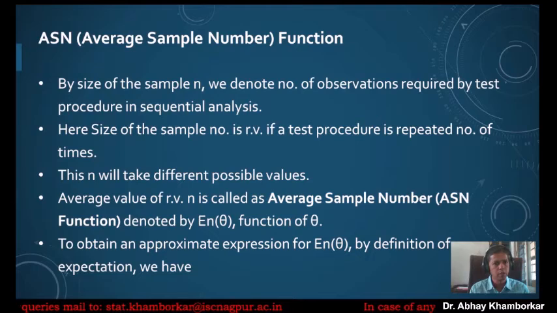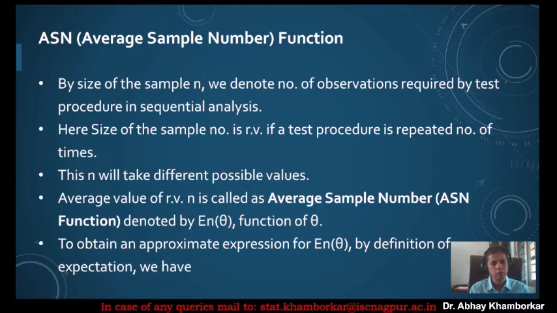Now by size of the sample n, it means that the number of observations required by the test procedure in sequential analysis. So as I already mentioned, this size is a random variable. That means if a test procedure is repeated number of times, then this n will take different possible values.